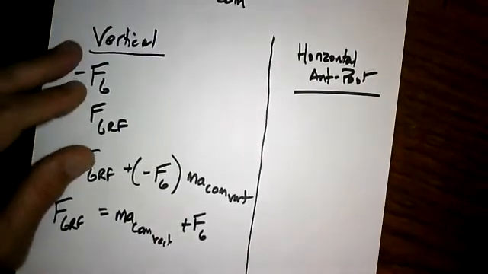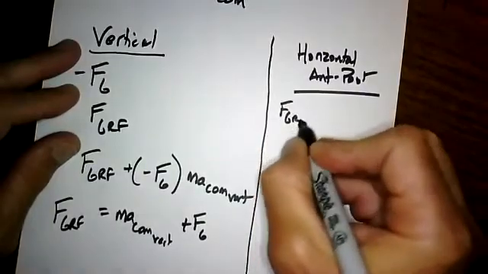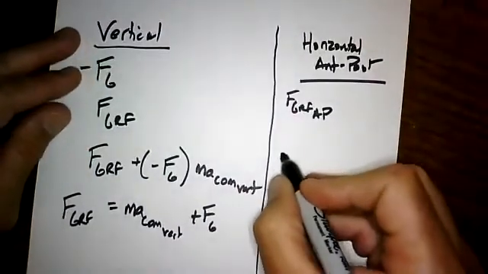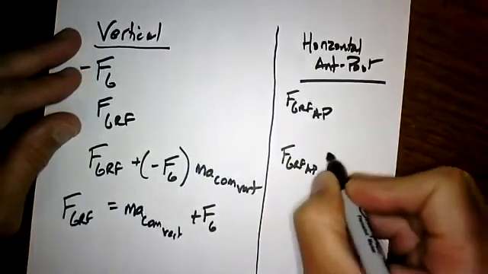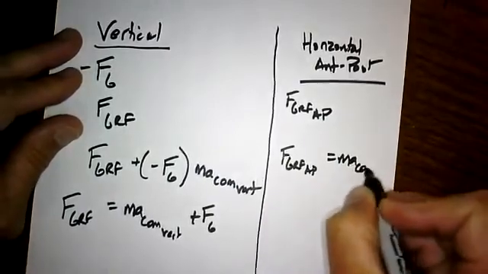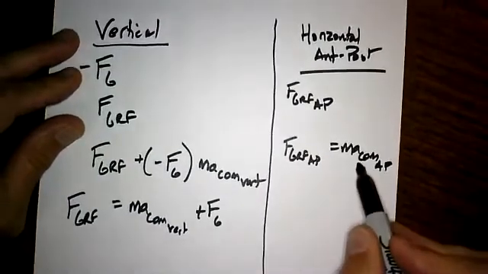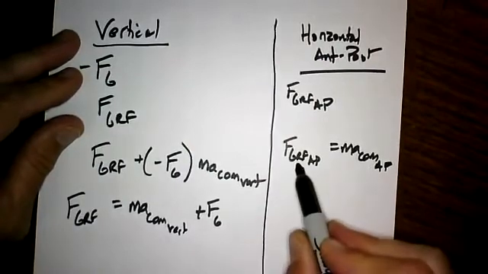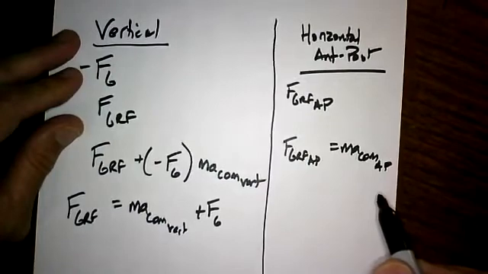If air resistance were a force, I would need to include it. So now I have FGRF AP. I add up all the forces in that direction, which means my equation is FGRF AP equals M A COM AP. So the acceleration of the center of mass in the anterior-posterior direction is directly proportional to the anterior-posterior ground reaction force.